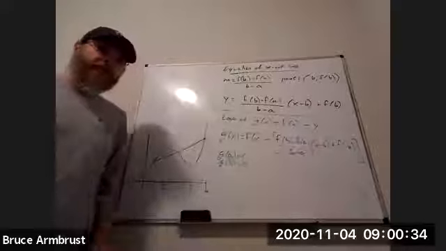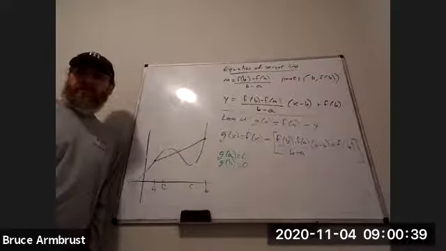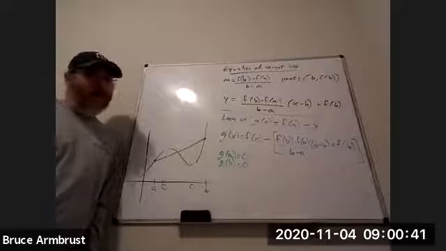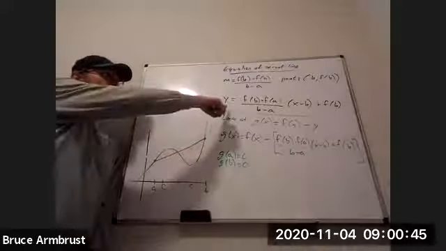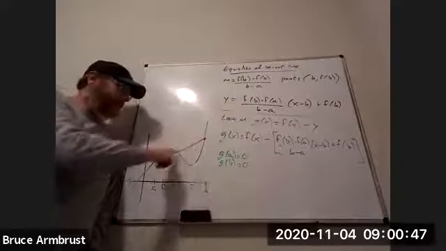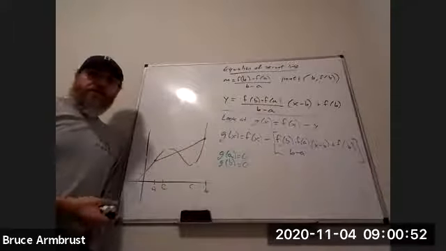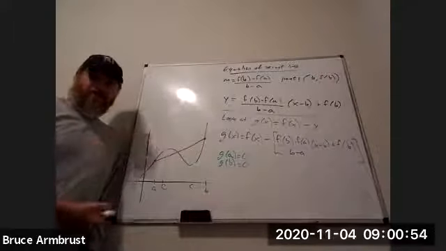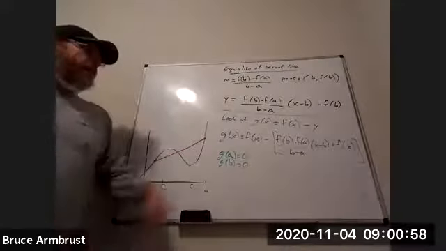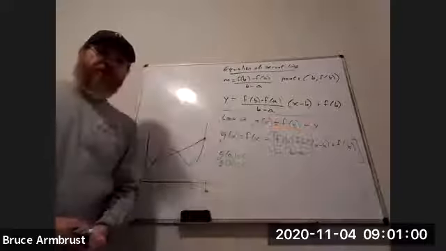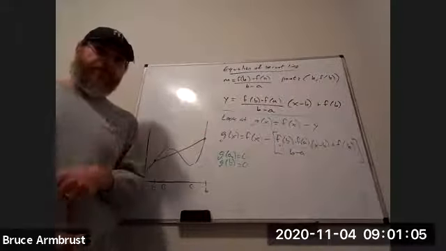Is y continuous? What's y again? y was that line. So are lines continuous? Lines are continuous. So if I have two continuous functions that I subtract, it's still continuous. So g of x is definitely continuous.